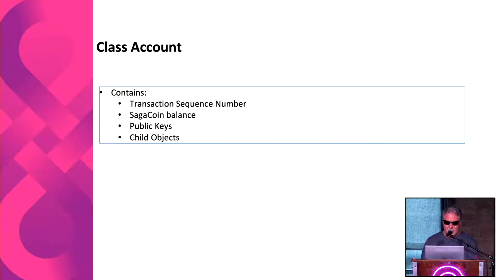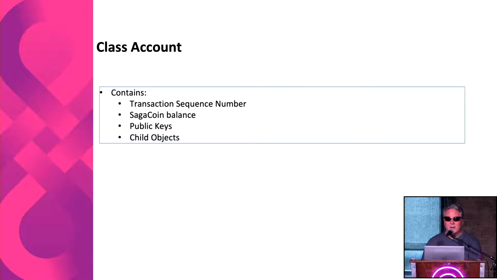Next slide. So the core of a class account has to have the transaction sequence number we were just talking about. You would want it to have a balance of SagaCoin. SagaCoin, of course, runs our blockchain. It's the lingua franca of our blockchain.